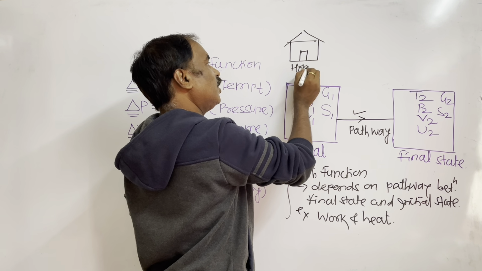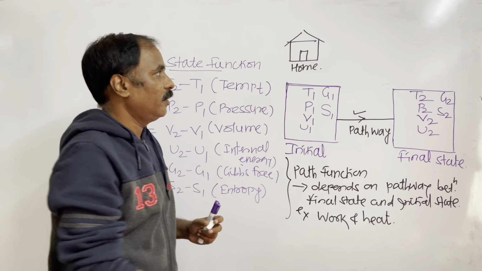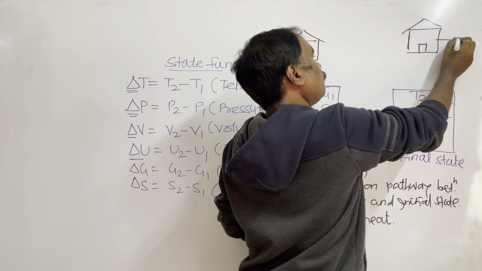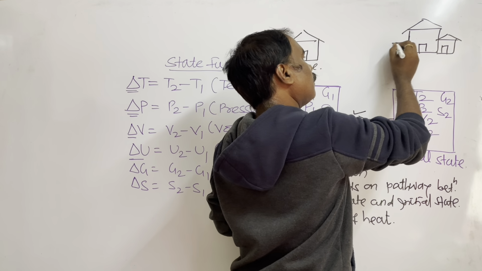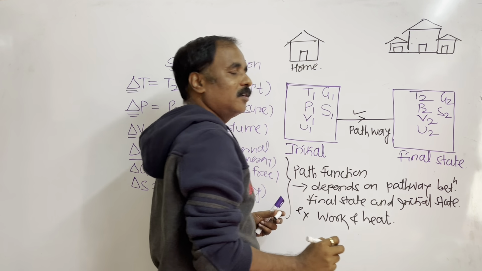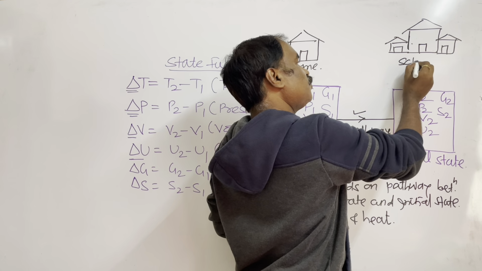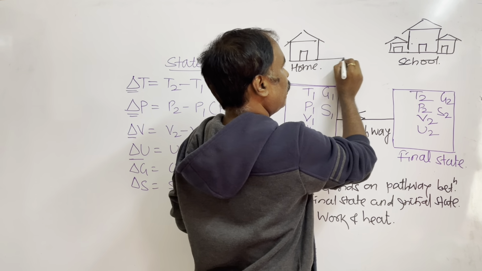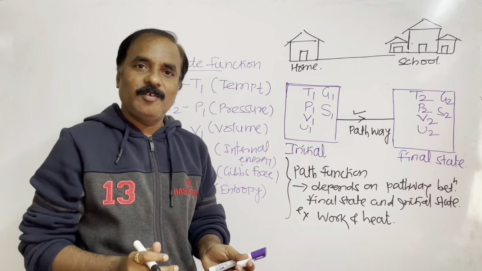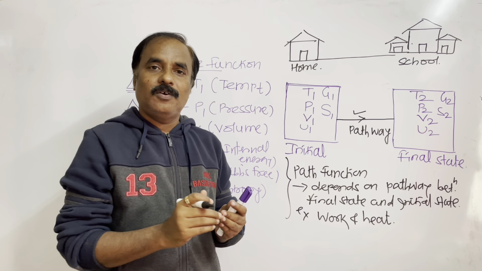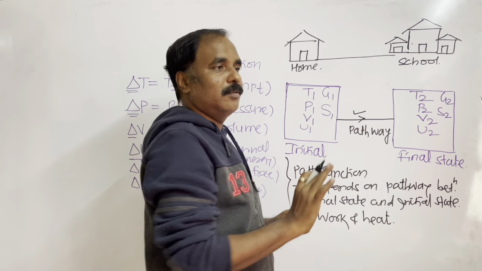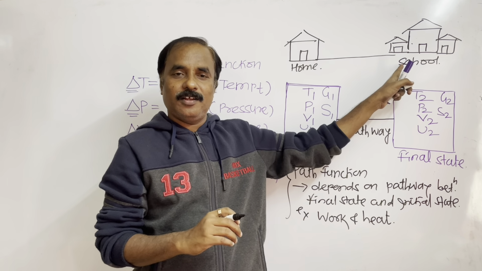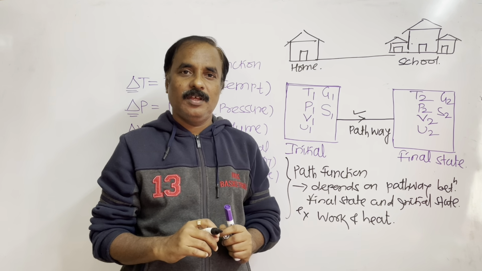This is the house of student, ठीक है? और यहां पर स्कूल है. ये स्कूल है, isn't it? तो सिंसियर स्टूडेंट क्या करेगा? उसके घर से निकलेगा और सीधे स्कूल की तरफ जाएगा. इट इज लाइक दिस. स्कूल खत्म होने के बाद वो सीधे घर आएगा विदाउट वॉन्डरिंग हियर एंड देयर. सो दिस इज लाइक अ स्टेट फंक्शन, यानी which depends on only initial state. ये initial state और ये final state है.